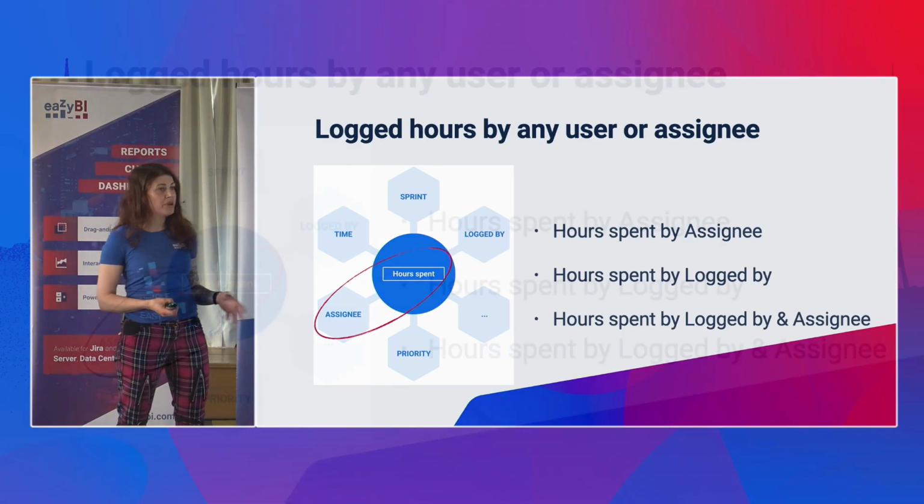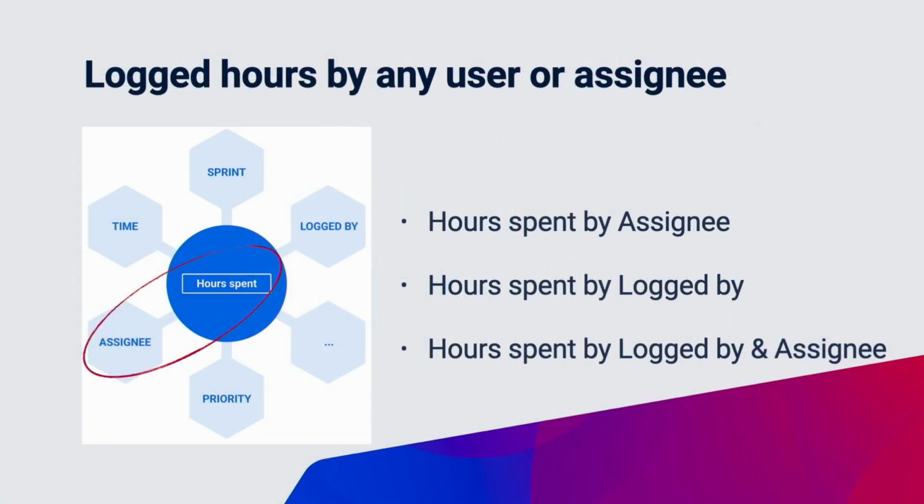It would show how many hours are spent on issues that are currently assigned to this person. If we look at the same metric by the logged by dimension, we would see how many hours are logged by this particular person. So he or she worked this many hours.